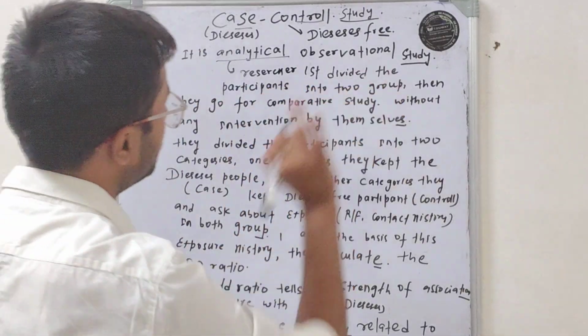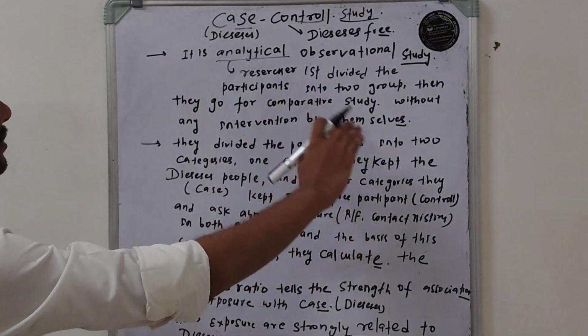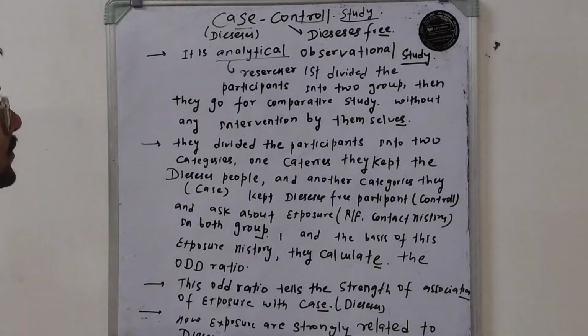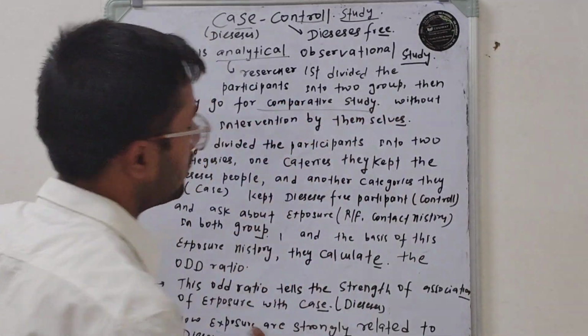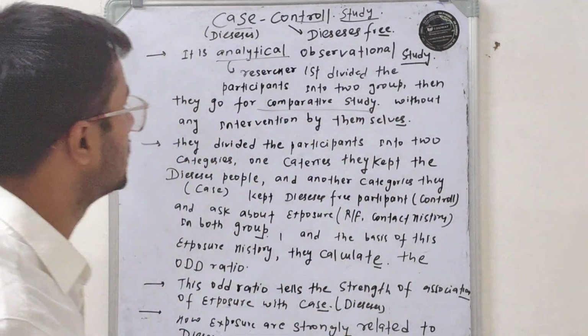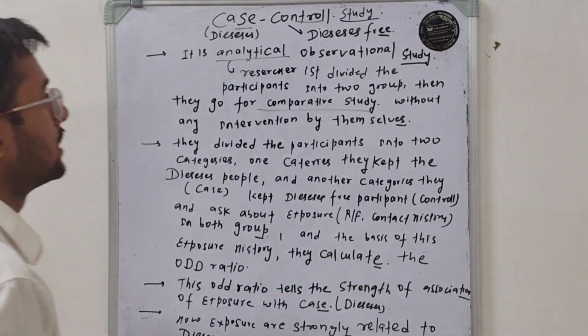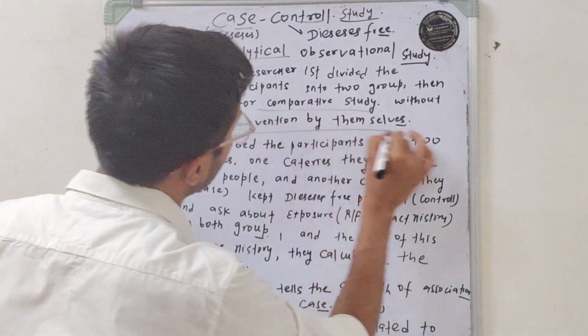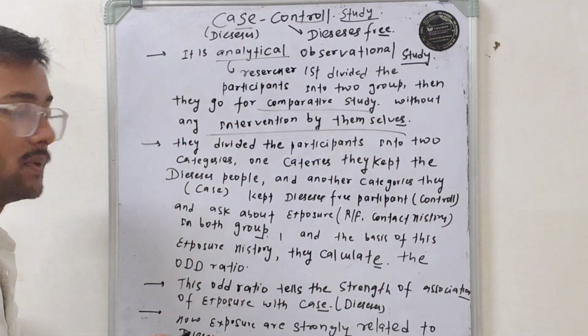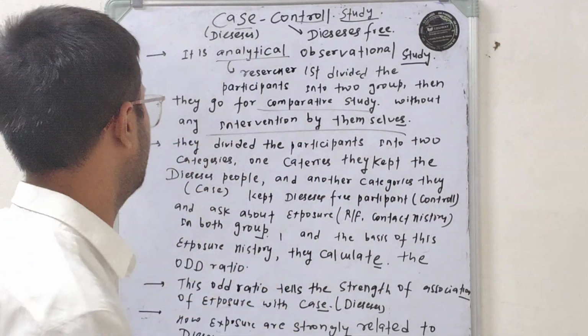Analytical means the researcher first divides the participants into two groups, then goes for a comparative study, comparing the progression of the disease without intervention by themselves. There is no involvement of the researcher.